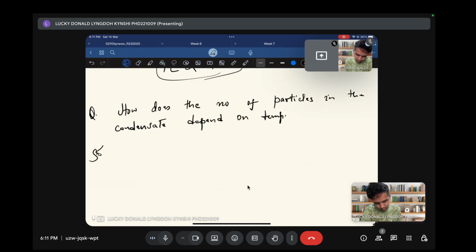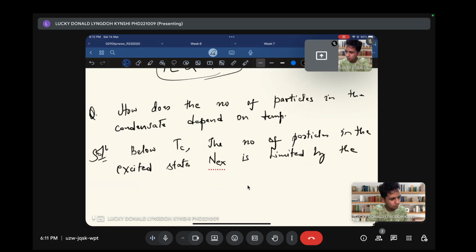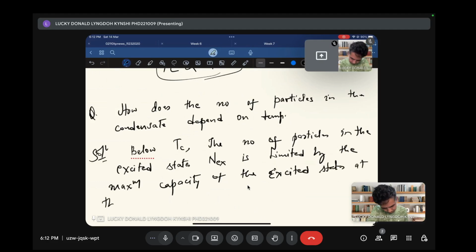Below your critical temperature, in which you have Bose-Einstein condensation, below Tc, the number of particles in the excited states is limited, or constrained, by the maximum capacity of the excited states at that temperature.